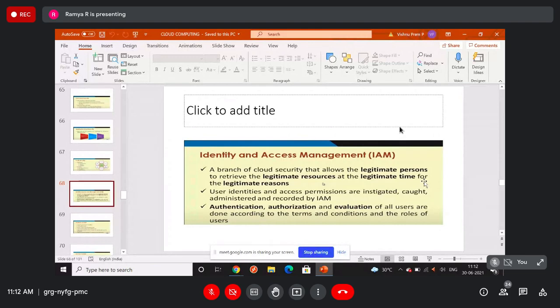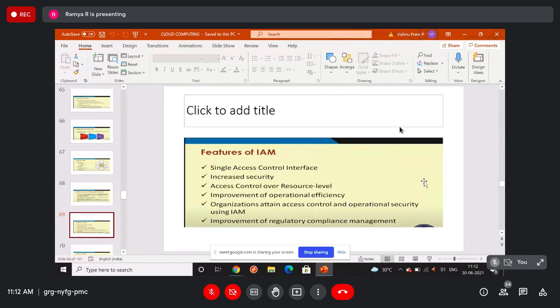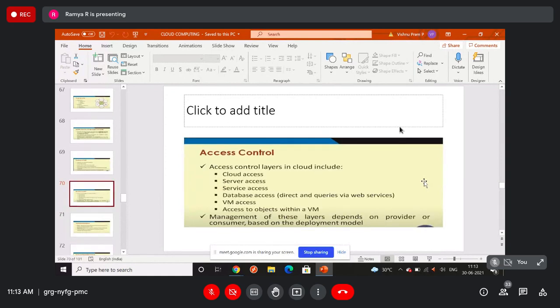That is IAM. Authentication, authorization, and evaluation of users are done according to the terms and conditions and the roles of users. Features of identity and access management include a single access control interface, increased security, access control over resource level, and improvement of operational efficiency.